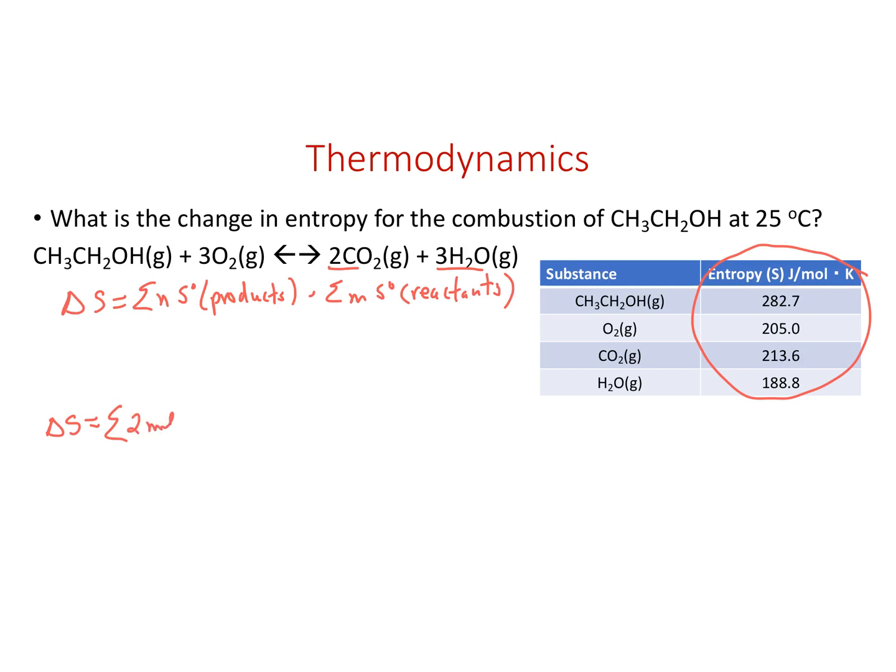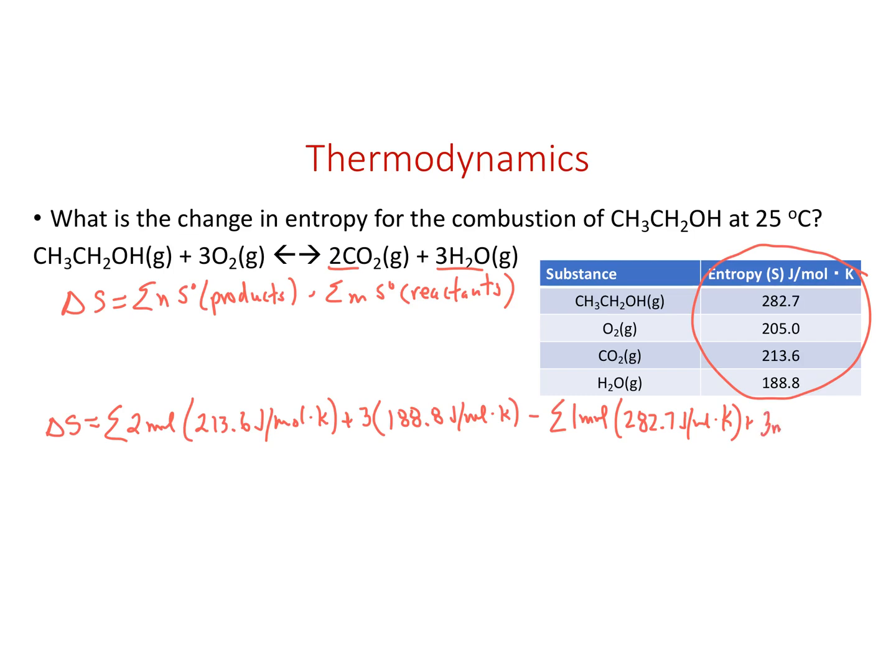So I have 2 moles of carbon dioxide that comes with an entropy of 213.6 joules per mole Kelvin, plus I have 3 moles of water that comes with an entropy of 188.8 joules per mole Kelvin, minus the summation of my reactants, 1 mole of ethanol at 282.7 joules per mole Kelvin, and my 3 moles of oxygen, which come at an entropy of 205 joules per mole Kelvin.